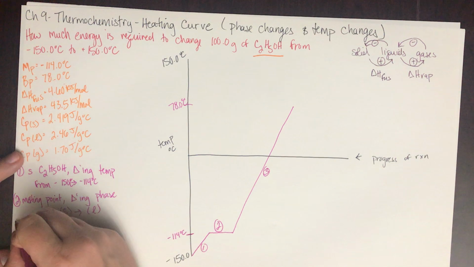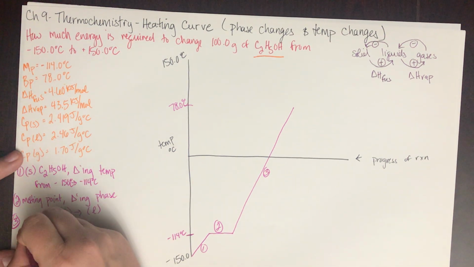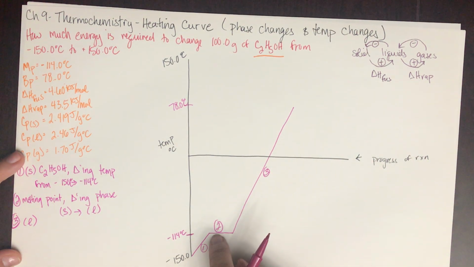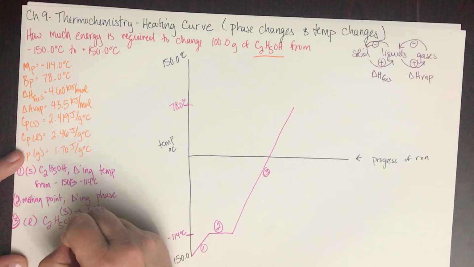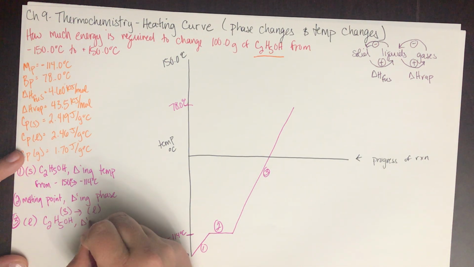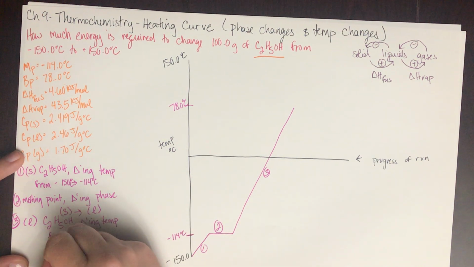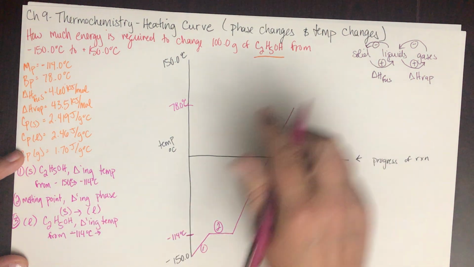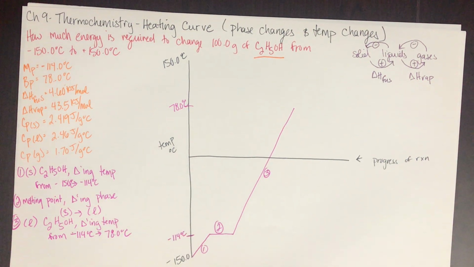What we're doing in step 3 is we have liquid. From here to here it's a liquid because we just melted it at the melting point. We have liquid ethanol, C2H5OH, and we are changing the temperature from negative 114 degrees Celsius to the boiling point, positive 78.0 degrees Celsius. So that's step 3.